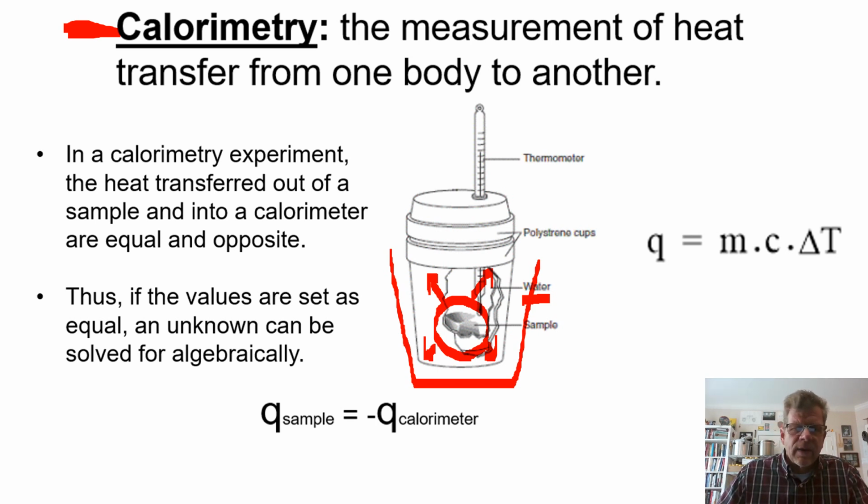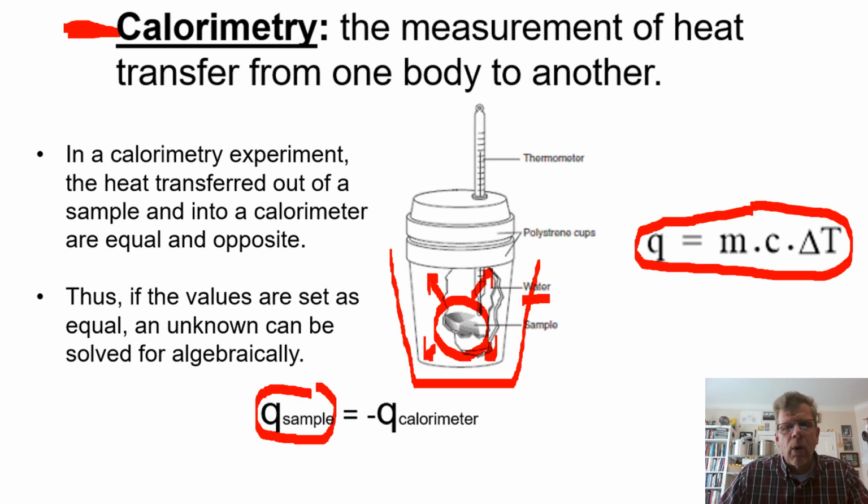Now, Q of the sample, let's look at this. Remember, Q equals mcΔT. So while I can't measure Q of my metal sample, I certainly can measure its mass. I certainly can look up a heat capacity of that metal, and I certainly can measure through various calculations the temperature change of that metal from the beginning of the experiment to the end of it.